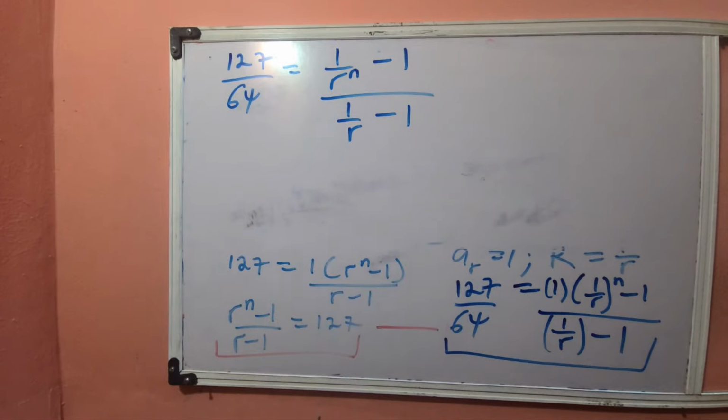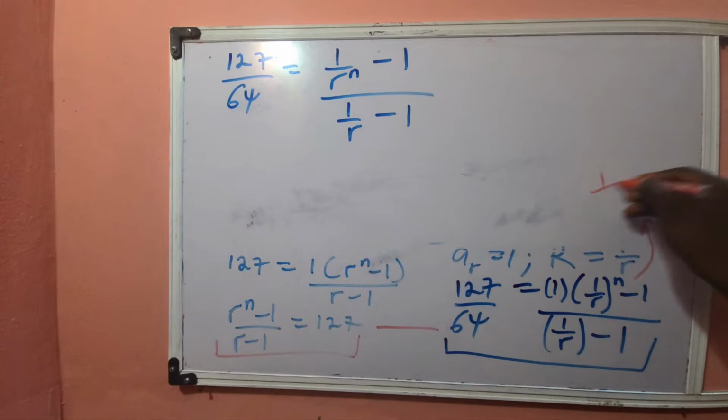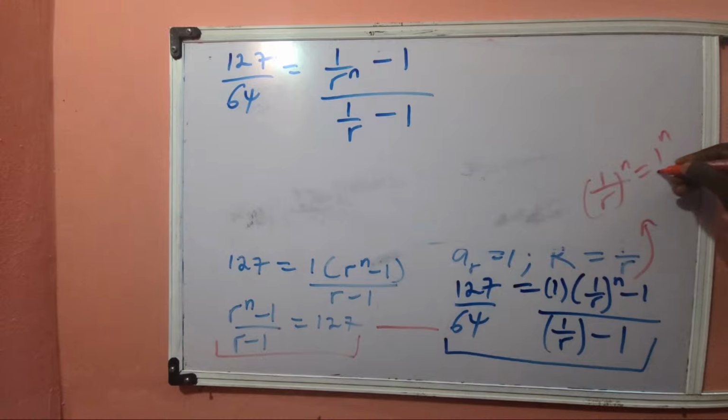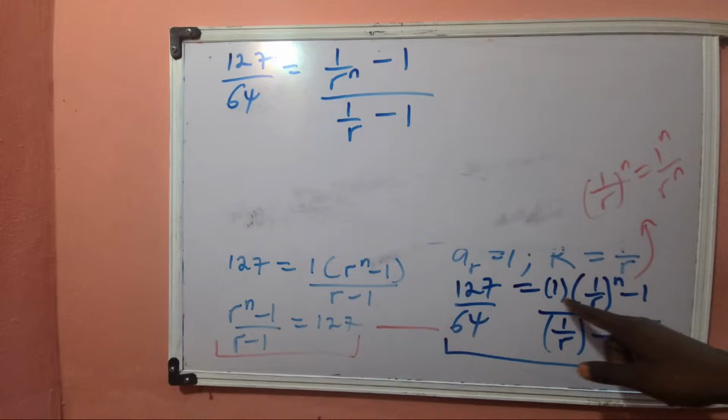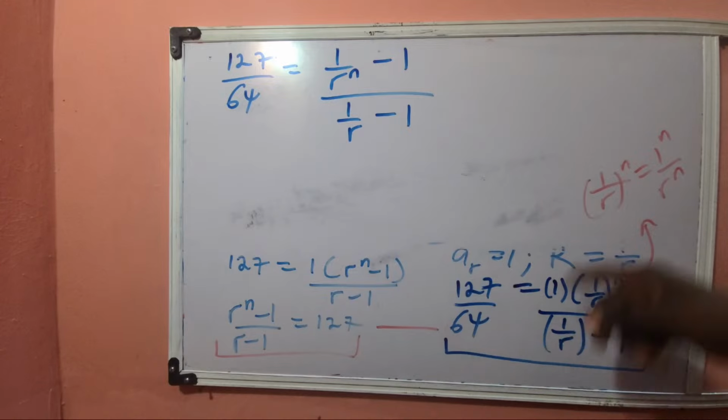Does anybody feel I've done anything wrong in this particular scenario? No, not at all, because what I just did was, in this case now, we have 1 over r everything raised to power n. Of course, this is equal to 1 raised to power n over r raised to power n, right? What I have here, 1 times anything is 1, so this has to go.